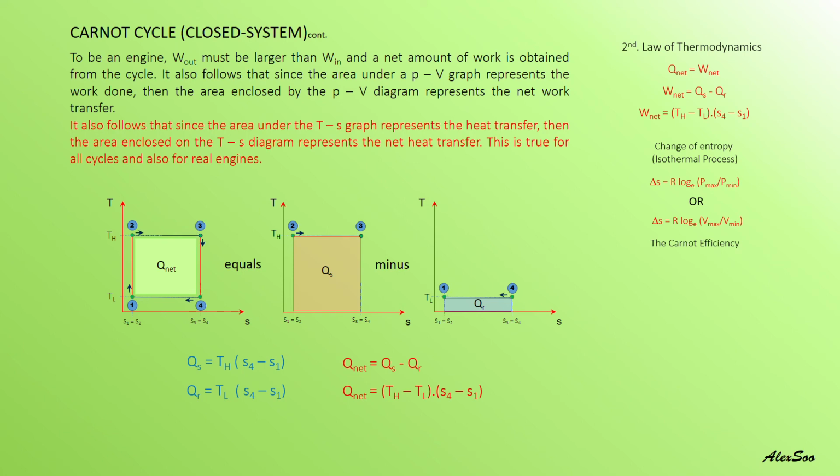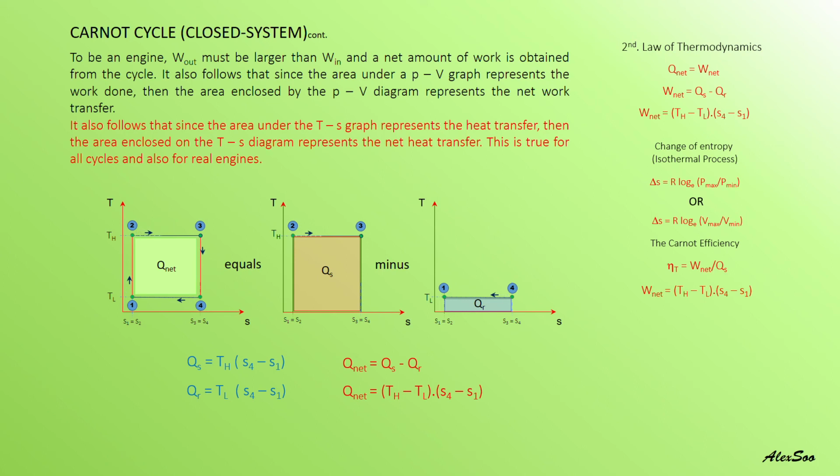So from here, the Carnot efficiency, as we know, all efficiency or thermal efficiency is defined as desired output over required input. So the desired output in this case is the work net, and the required input is the heat supply. So we have net work out divided by heat supply, the thermal efficiency of the Carnot cycle.